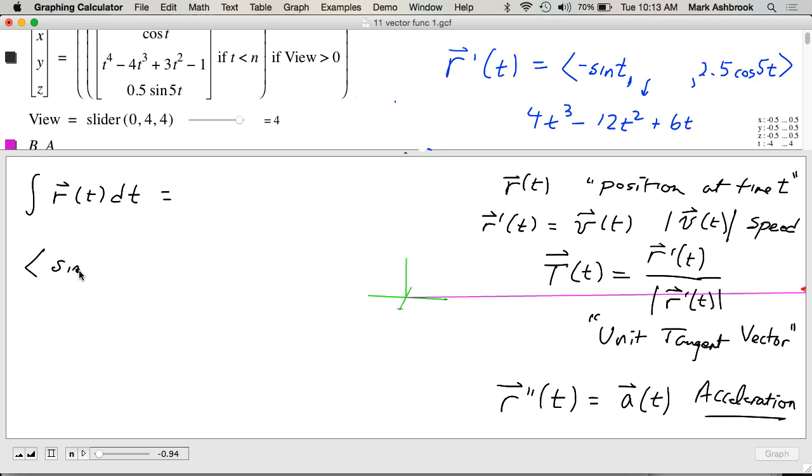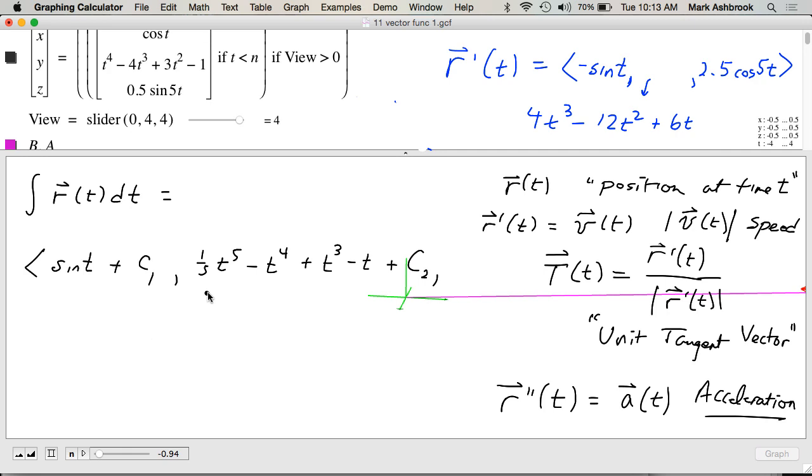So in this case, it would be sine t. Is that it? Just sine t? Nope. Plus c1. Then 1/5 t to the 5th minus t to the 4th plus t cubed minus t, plus c2.